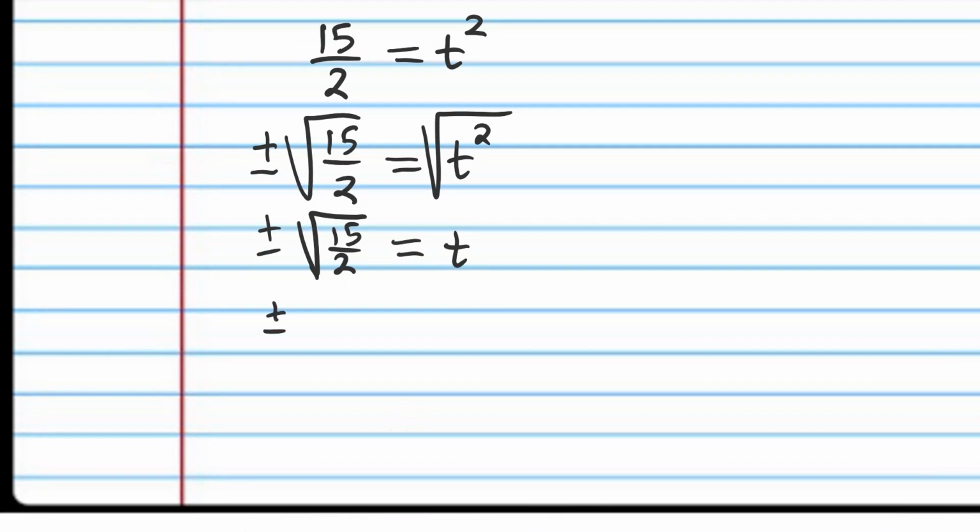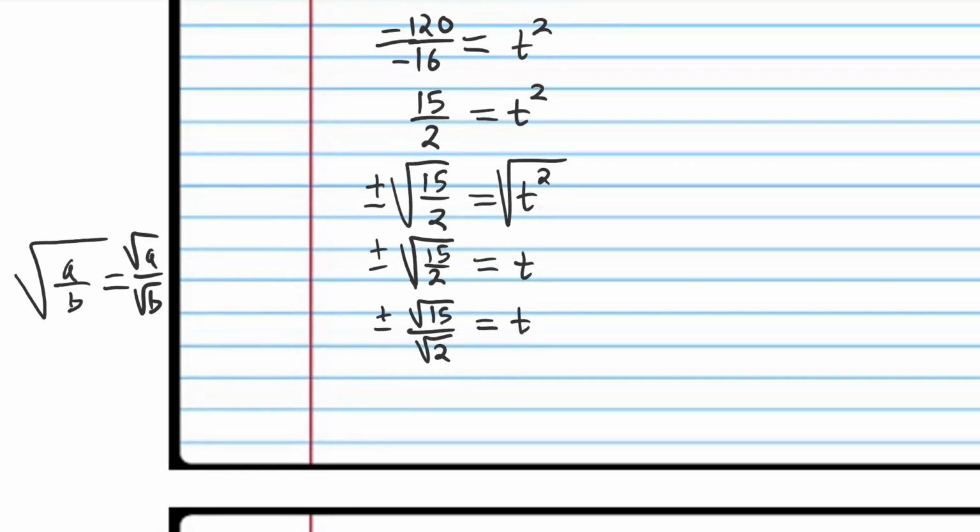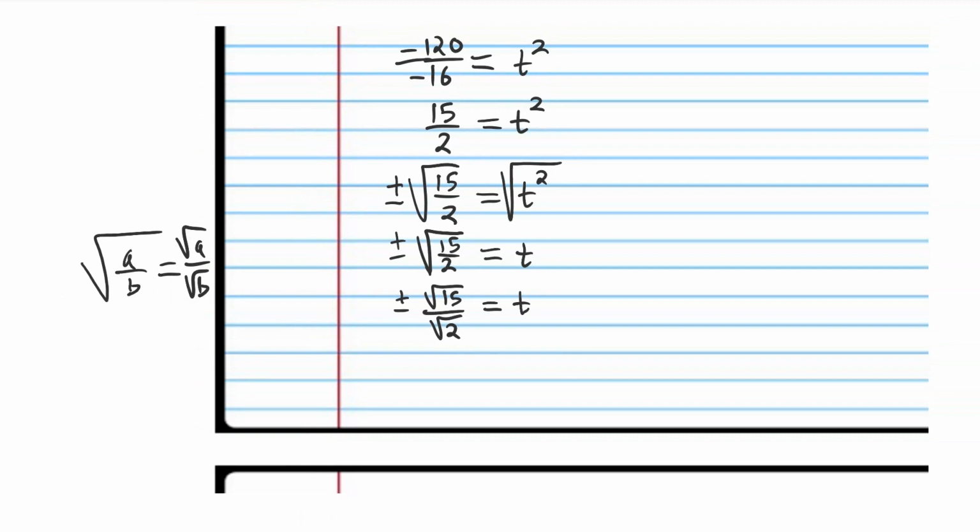So we get plus or minus root 15 over root 2. If you recall that rule we learned, root A over B is equal to root A over root B. We learned that in a previous class, the class on roots.